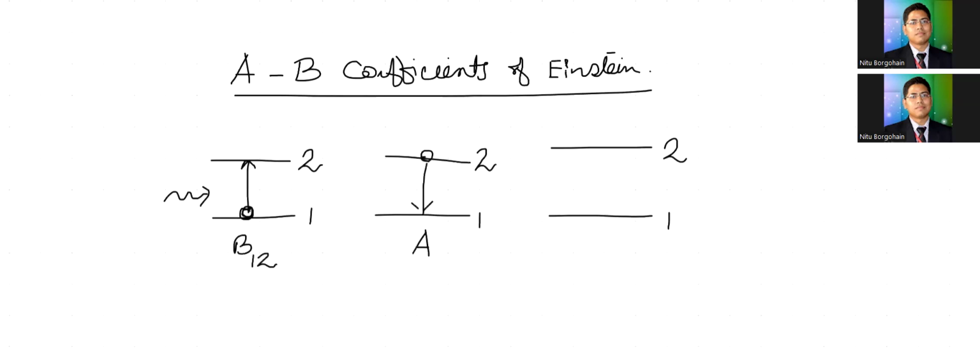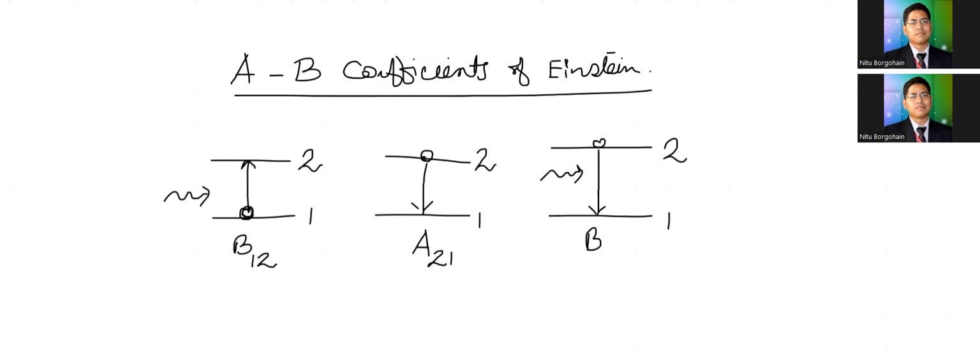Since it is coming from 2 to 1, Einstein's coefficient is A21. The third transition is also from 2 to 1, but it is not happening without external energy that we are providing. Since this is also supported by this external source of energy, it is termed as B21.